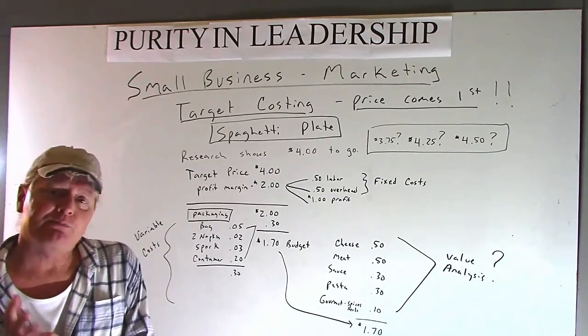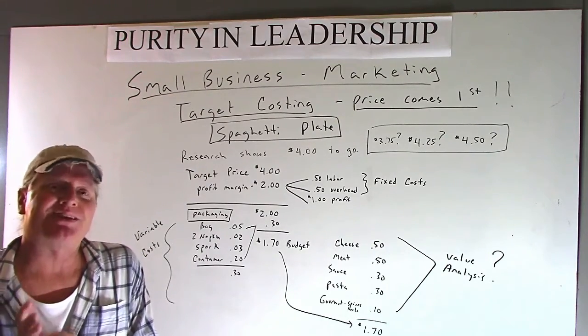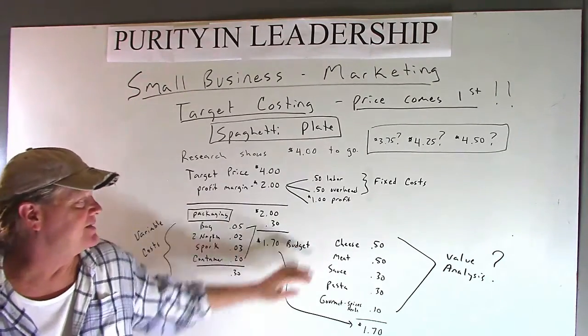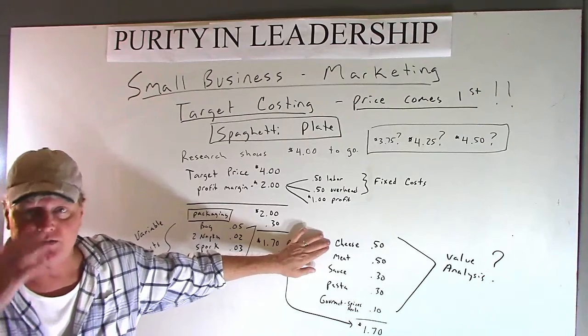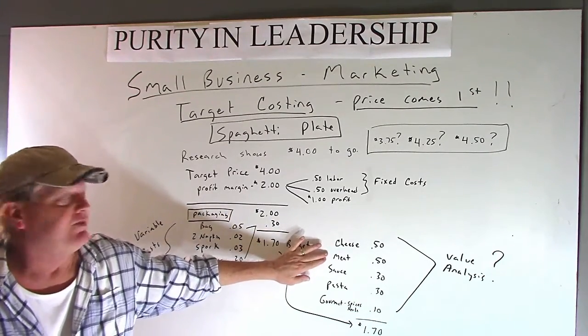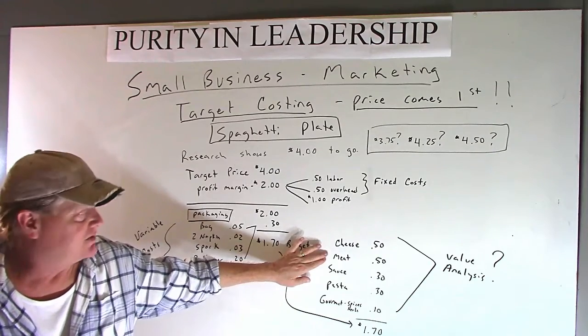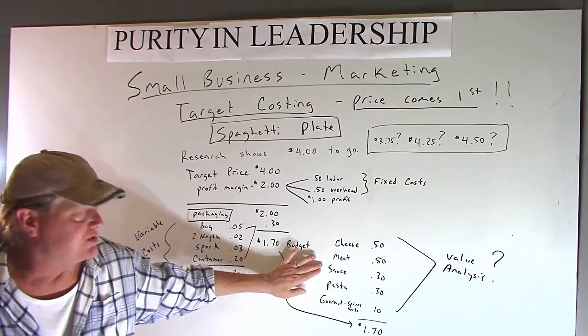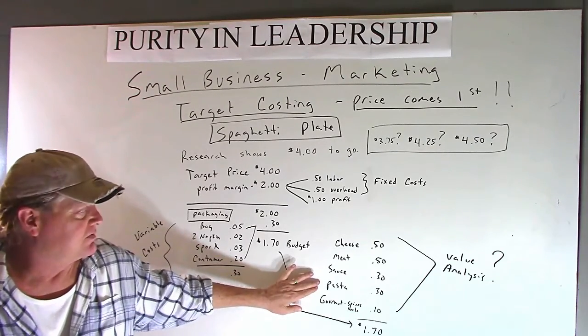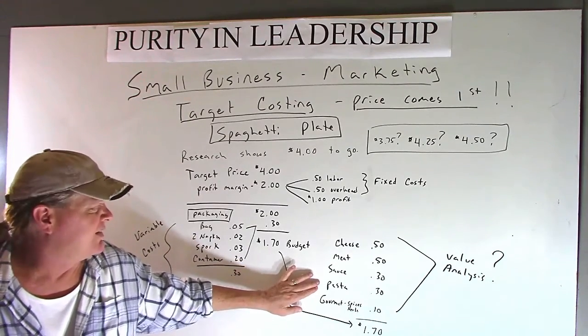Now, it's very important starting a small business to look at all of your costs in detail. In this case, we're gonna try this. We're gonna put 50 cents worth of cheese, 50 cents worth of meat, 30 cents worth of sauce, pasta, 30 cents. That should be a lot of pasta, I think.